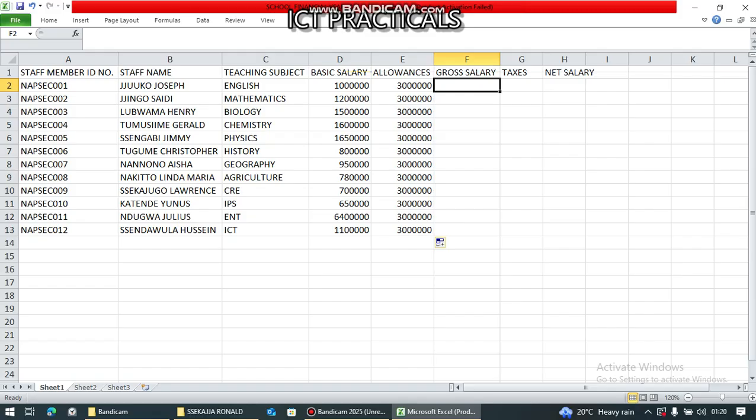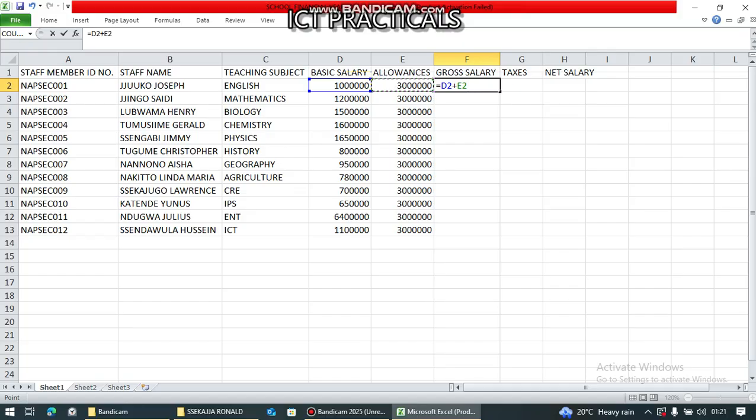In other words, the total money or total income he or she earns from that school. So you press the equal sign, then we use a formula. After pressing the equal sign, you go to this cell reference, which is D2, then plus E2.